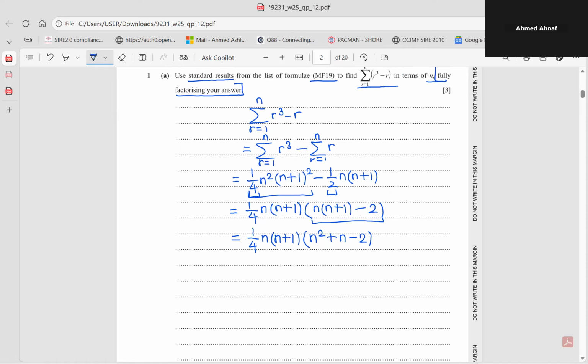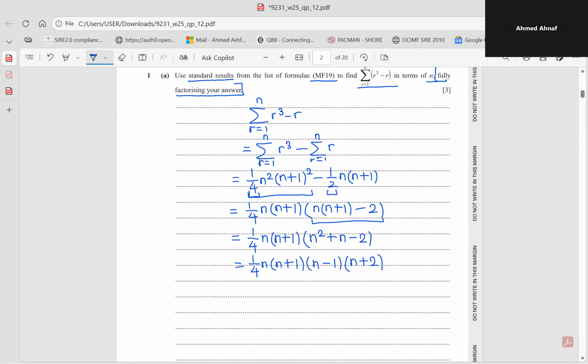Okay, so we can solve it. Basically, we have rational solutions. So the factors are n minus 1 times n plus 2.